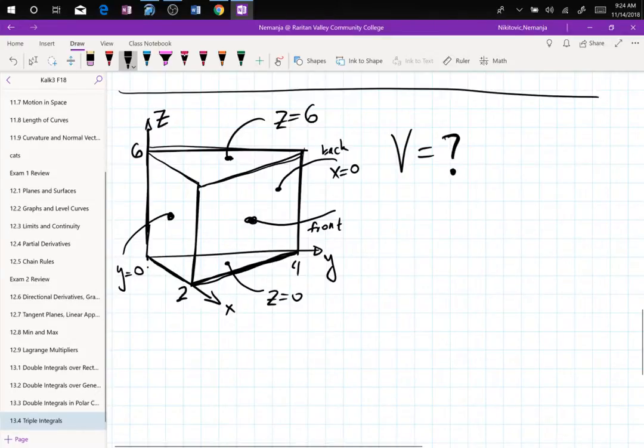So what do you do? You draw the xy domain. Your y goes up to 4: 1, 2, 3, 4. And your x goes up to 2. So this is the bottom of the thing.